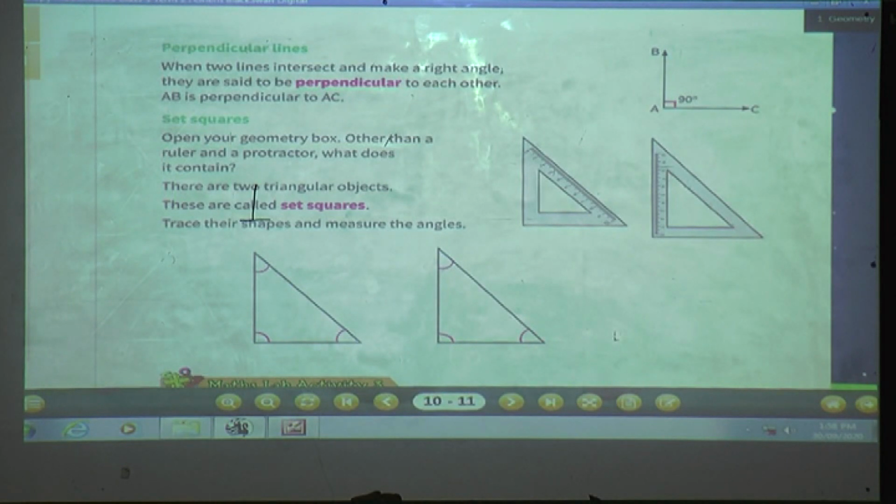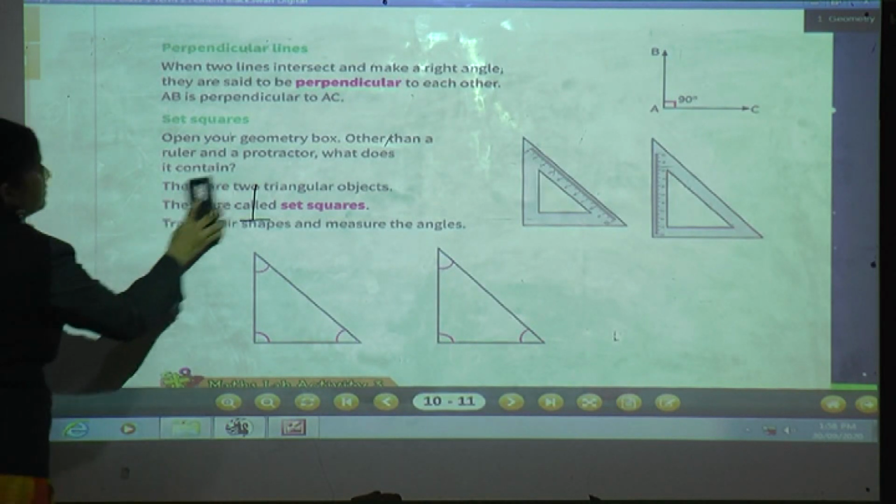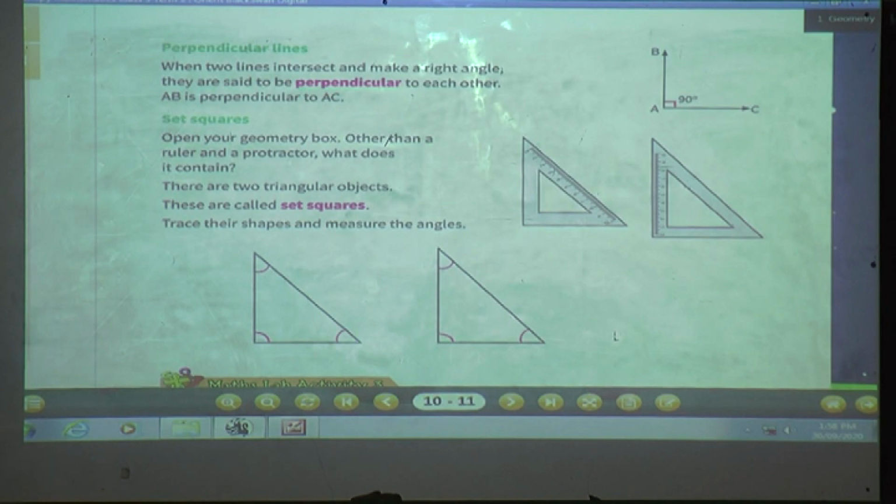Set squares. You all have your geometrical box. Yes? Now open your geometrical box. Other than a ruler and protractor, what does it contain? Yes, there are two triangular shaped objects, like this.